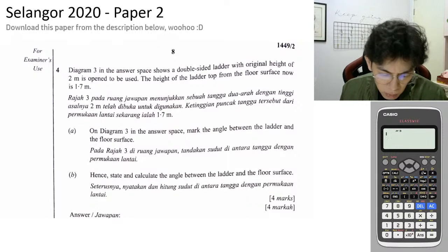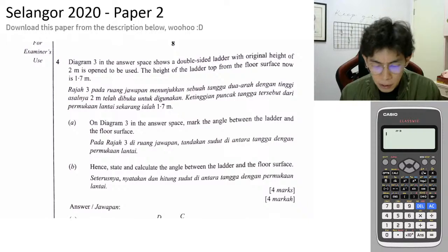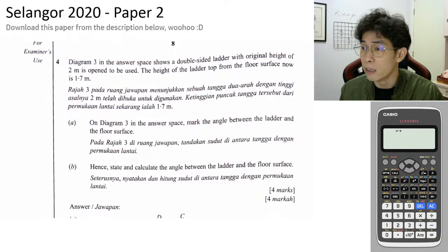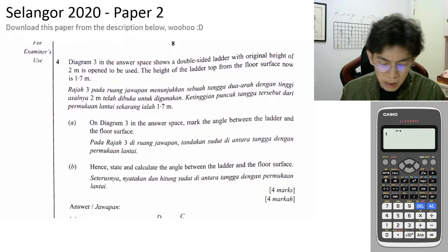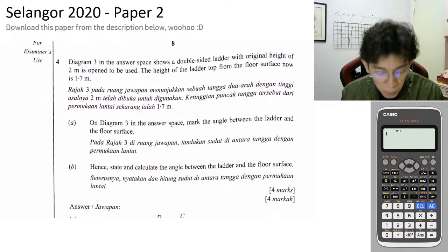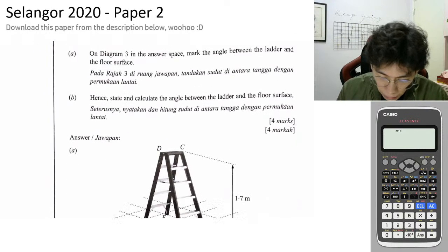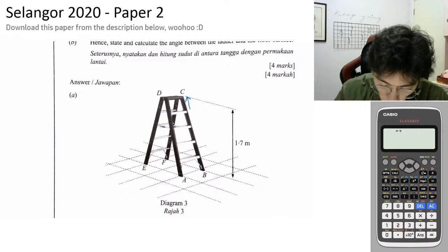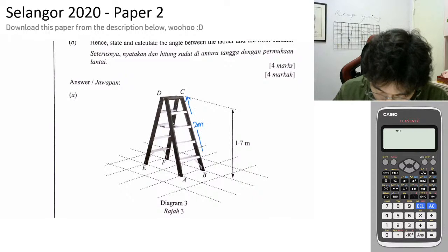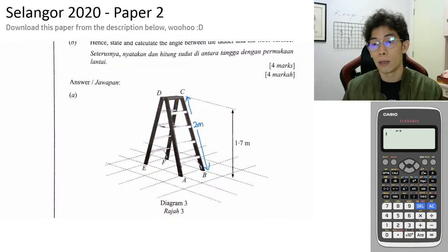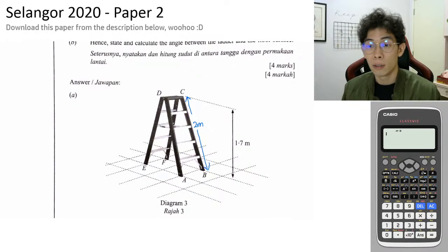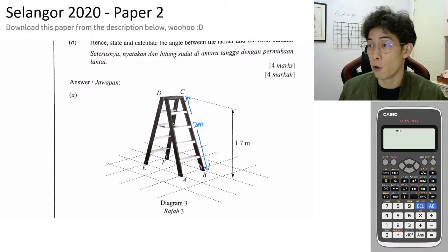So diagram 3 in the answer space shows a double-sided ladder with original height of 2 meter that is going to be used. Original height means this will be 2 meter. Okay or not? Yes, 3 dots means therefore.